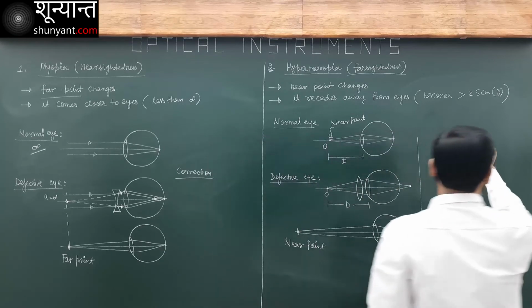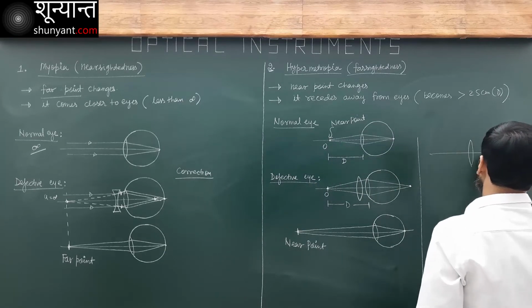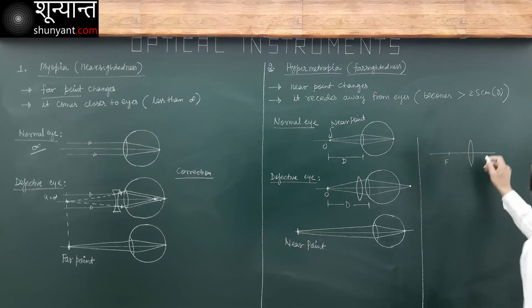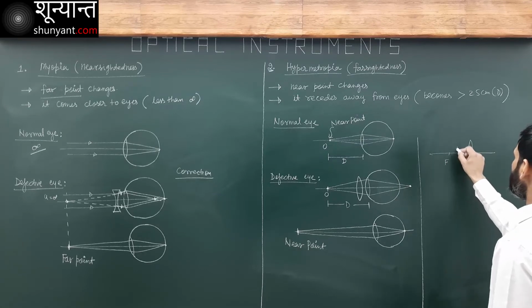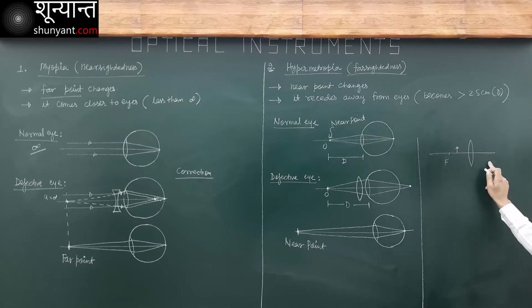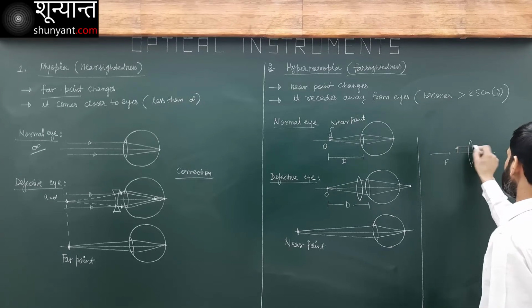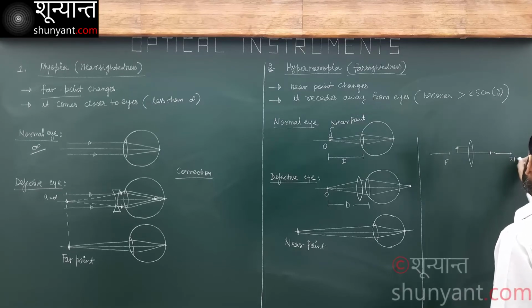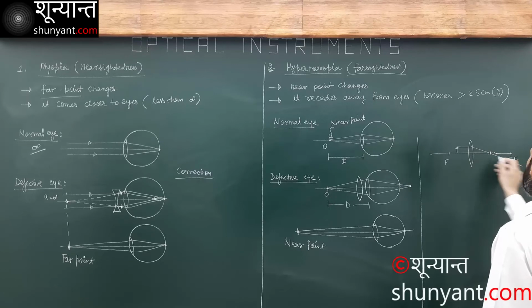If I have this convex lens, this is my focus, and if the object is kept between focus and lens, then where is the image? The image forms like this. This is a focus here, and this is 2f here.